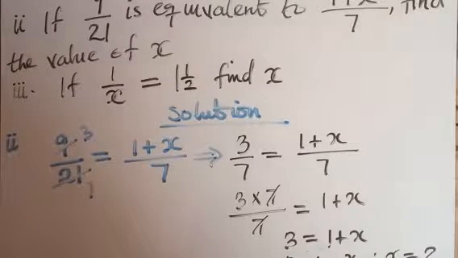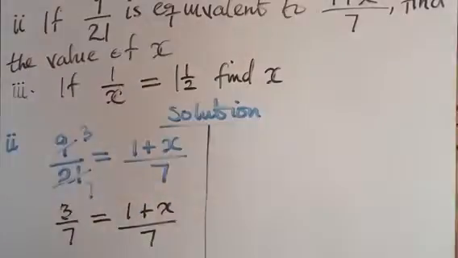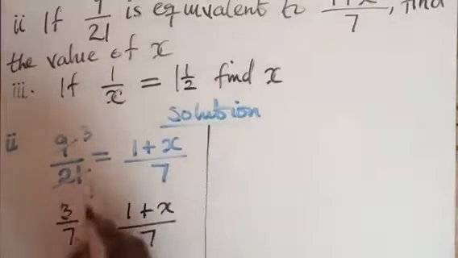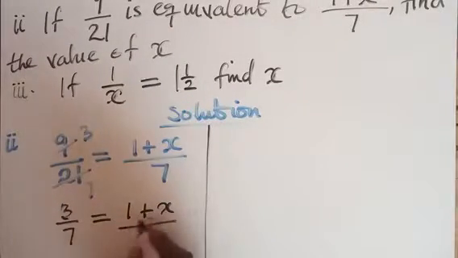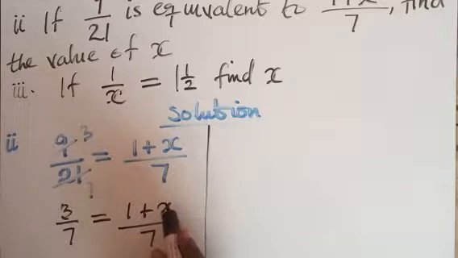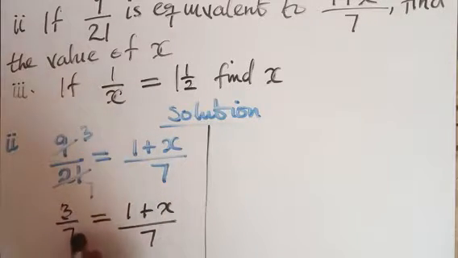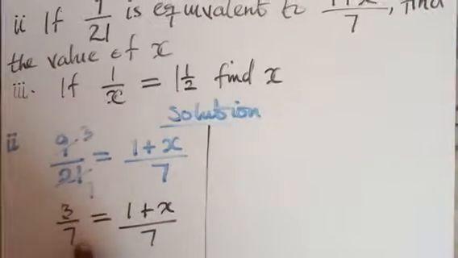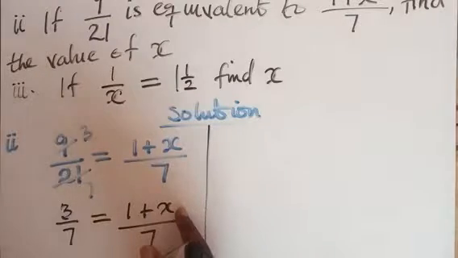Let me limit my handwriting. I'm further explaining it again. So as we cancel out, we got 3 over 7 and 1 plus x over 7. The best thing to do is that we have to apply cross multiplication. This 7 will go and multiply 1 and x, and 7 will also go and multiply this, but the figure at the denominator here is 7, so we don't need to just let it go and later redefine it.